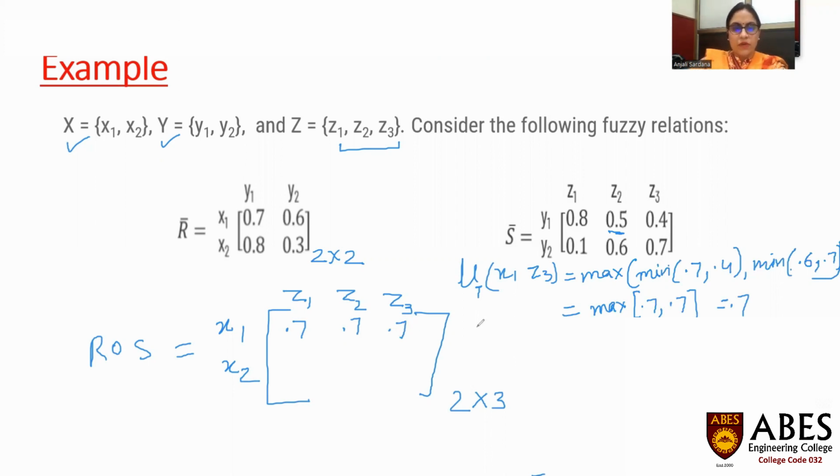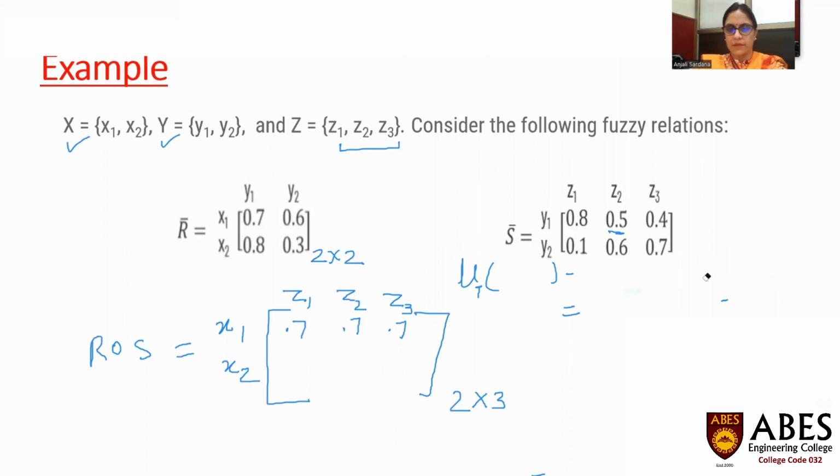And for the next row, we want to go from x2 to z1. Now this value would change. Let me erase the value here. We want to find this location value. So this can be done using y1 and y2. It will be maximum of minimum of the value from x2 to y1, which is 0.8 here.